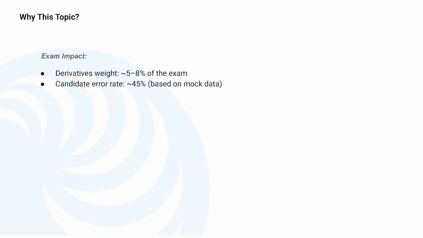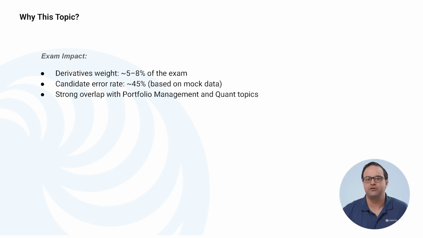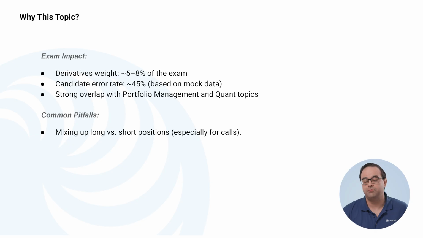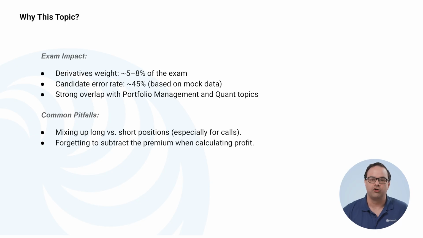So clearly this part of the exam and this specific topic has been a challenging area for CFA candidates, and some of the common pitfalls that we've seen are confusing long and short positions for options and the related payoff implications for each side of the trade, and forgetting to subtract the premium paid for the long side of an option.